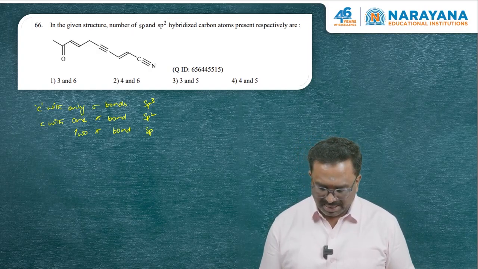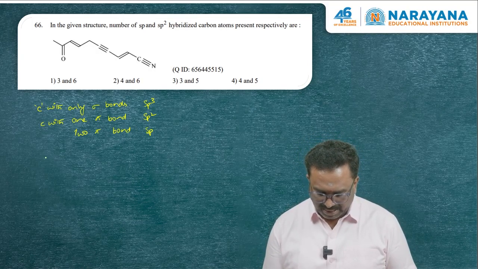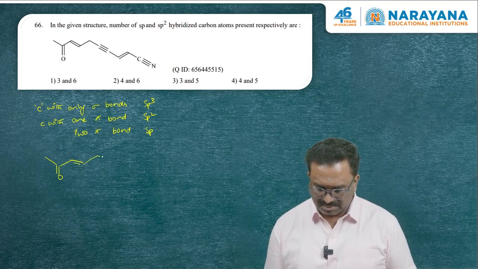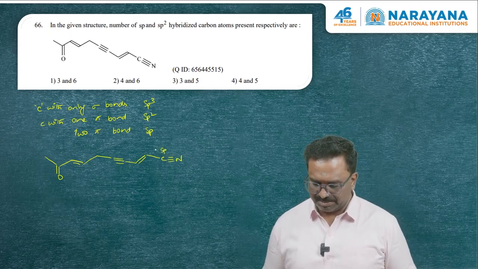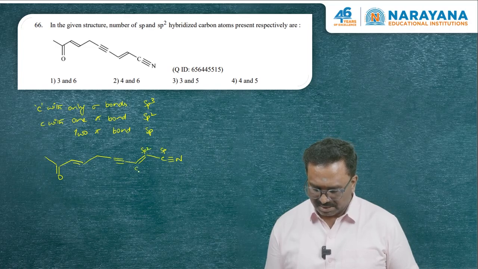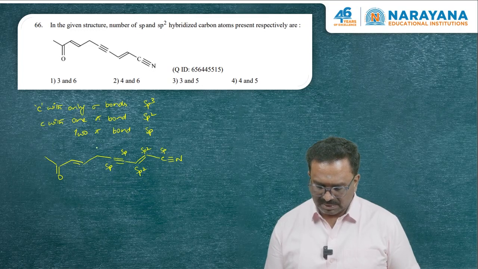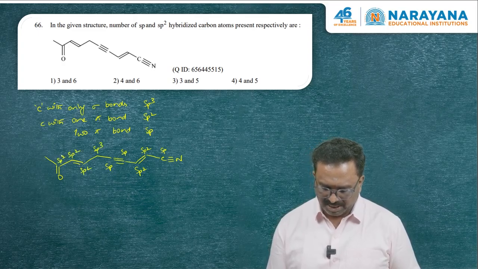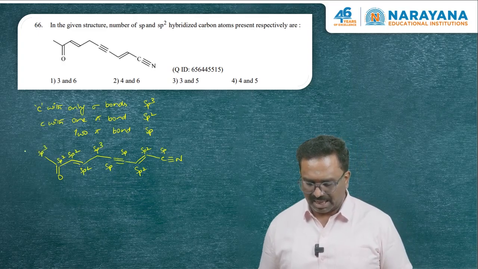So for the given structure, we can identify the cyanide carbon as sp and the next carbons with 1 pi bond as sp2. Here we have an sp carbon, and in the middle this is an sp3 carbon, again sp2, sp2, and here is an sp2 carbon, and this is an sp3 carbon.